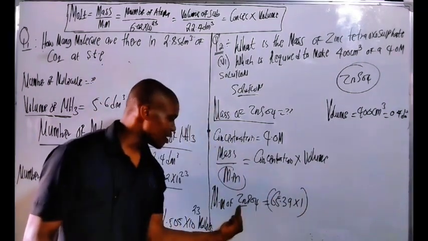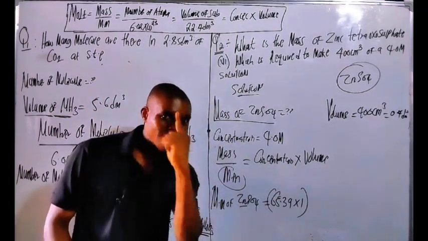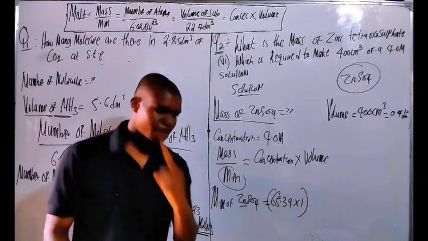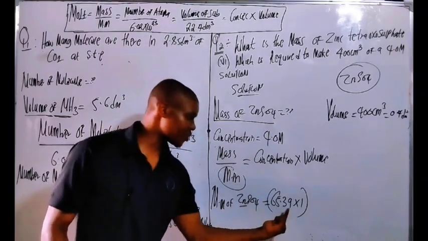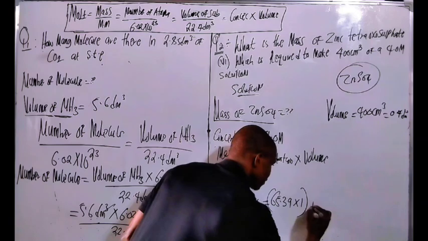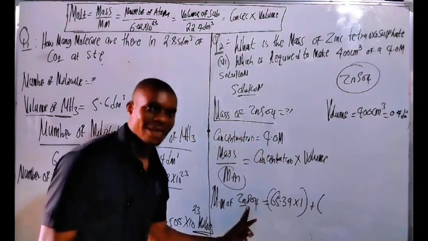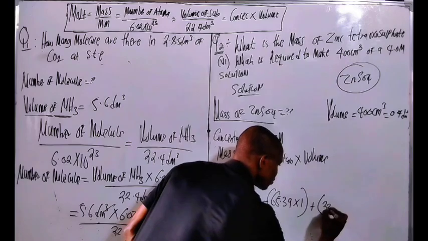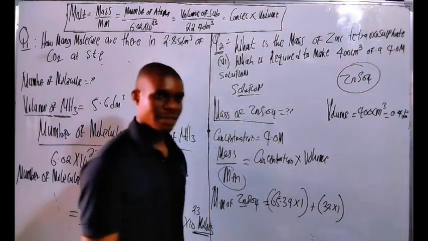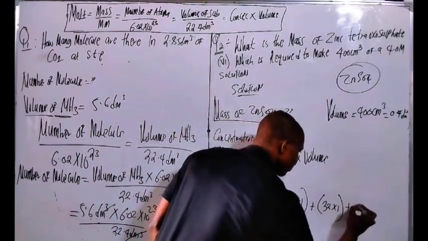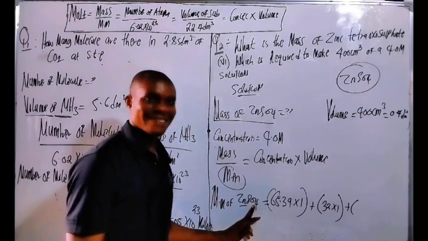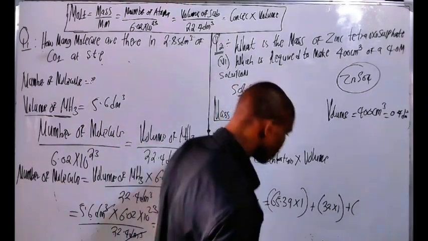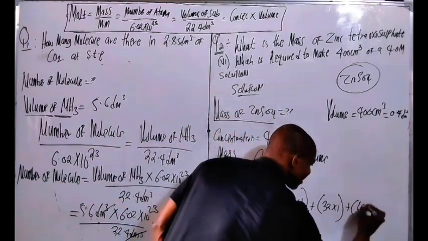Because it is one atom of zinc. Do you understand? Plus sulfur itself is 32, so it's going to be 32 times 1. Plus oxygen is 16, so it's going to be 16 times 4.